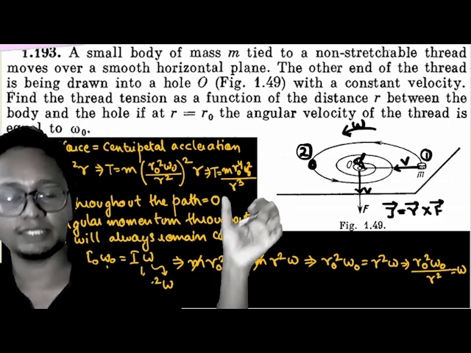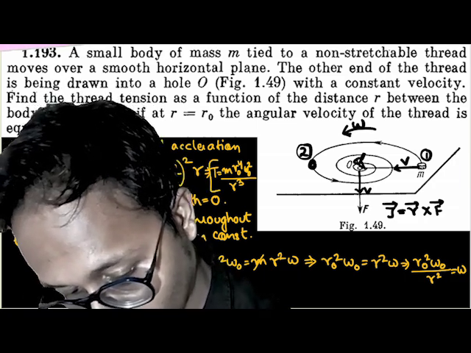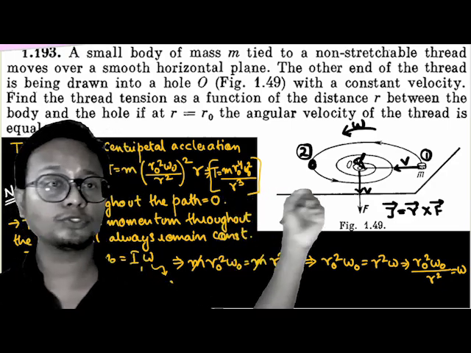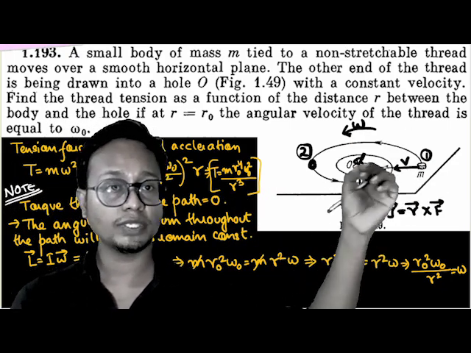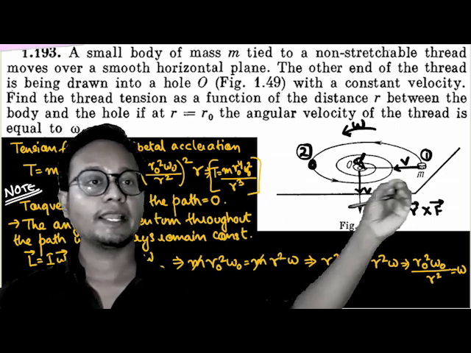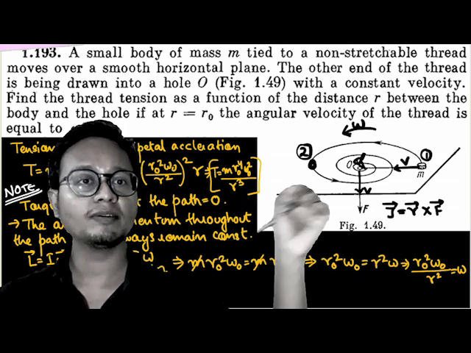So this out here is the answer for the tension force throughout the spiral orbit. That means the tension force throughout the spiral orbit keeps on changing. As the body moves towards the center of the hole, the tension force becomes greater and greater. As the spiral orbit becomes closer to the hole, the value of r becomes very less.